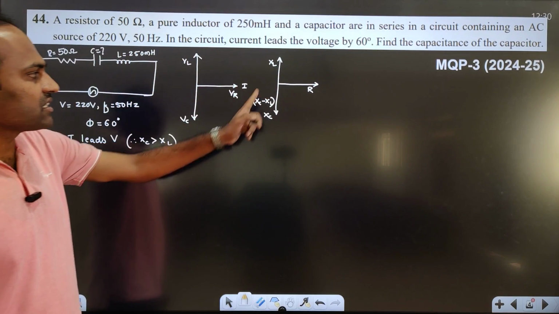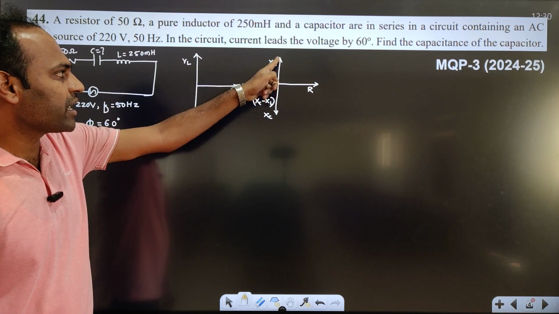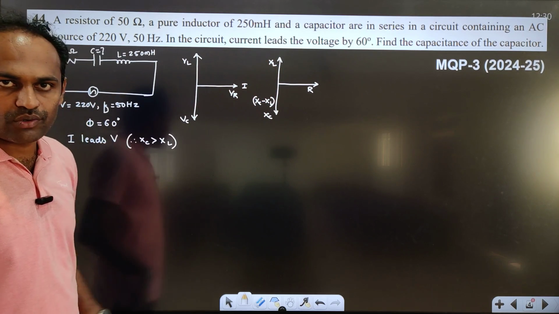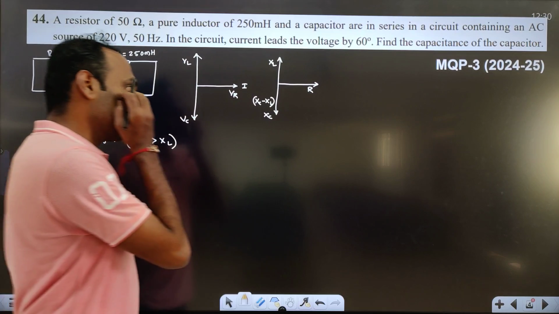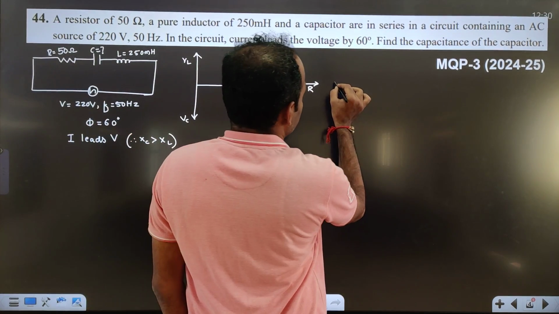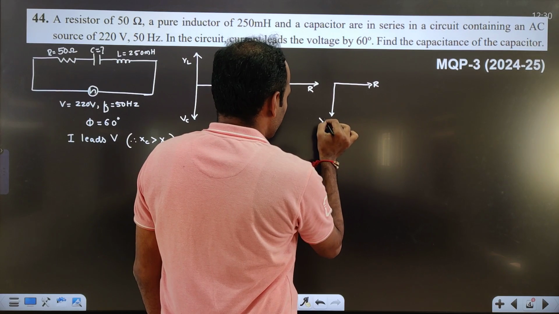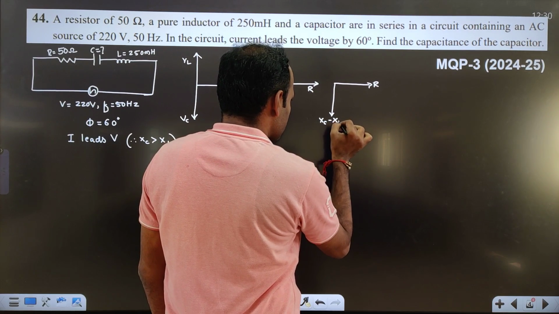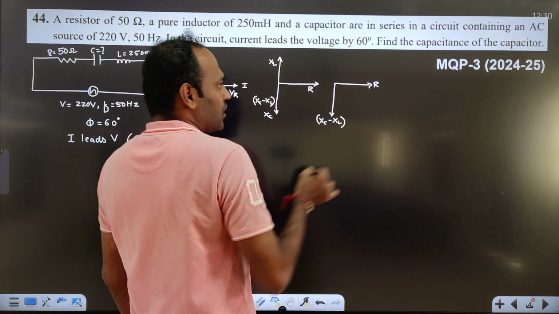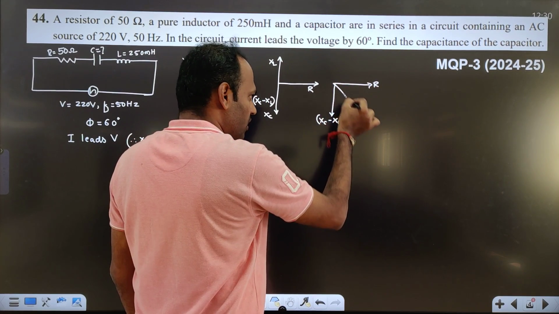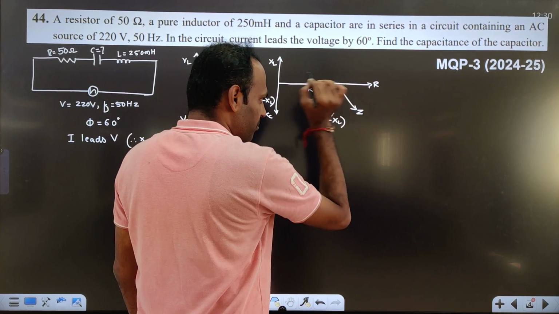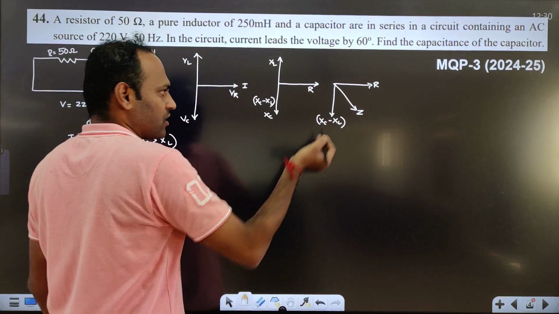Suppose XL is greater than XC, then the resultant XL minus XC we would take in the positive y direction. Now we are having only two vectors: one is resistance and the other is XC minus XL. The resultant of these both we call impedance.